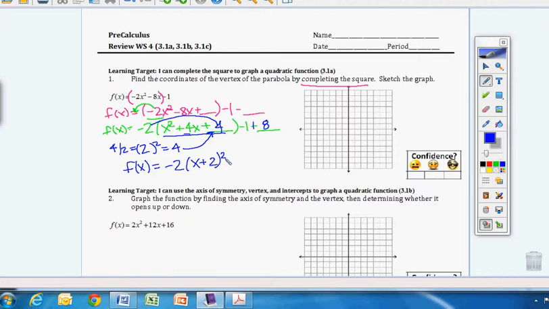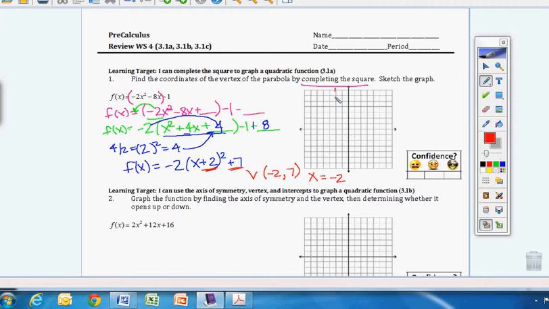That quantity squared, negative 1 plus 8 is going to give me a positive 7. So my vertex is going to be the opposite of 2, negative 2, and the same positive 7. My axis of symmetry is going to be x equals negative 2.